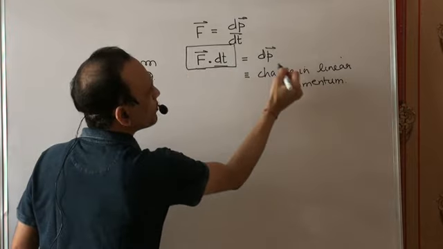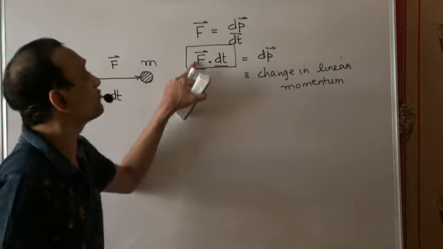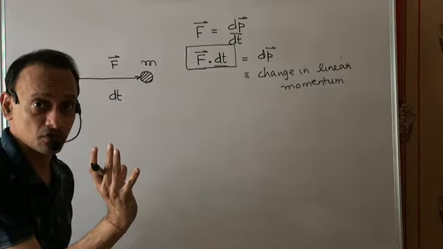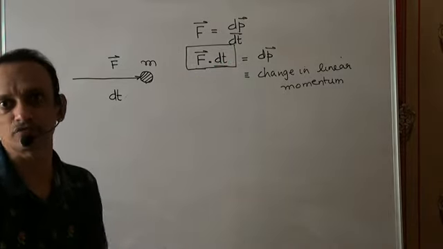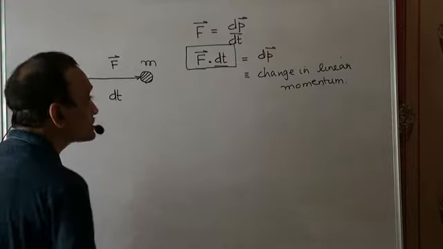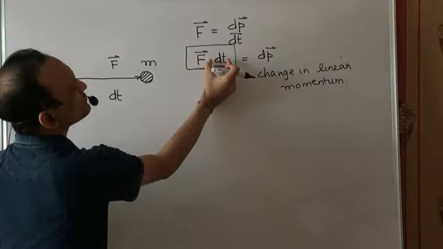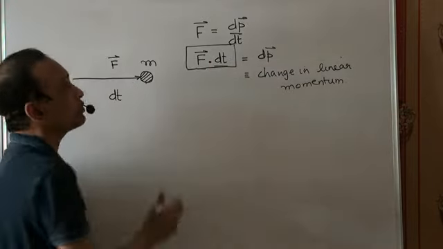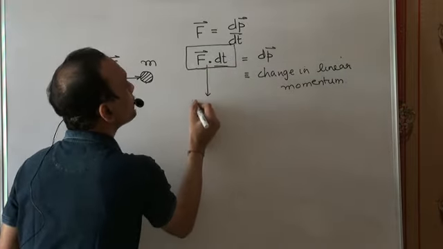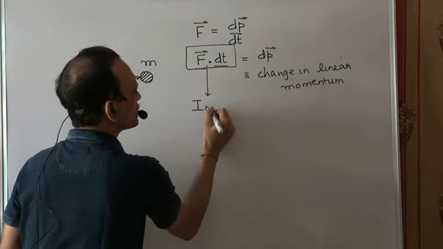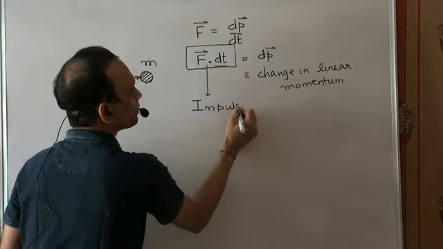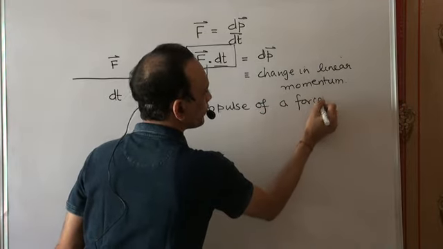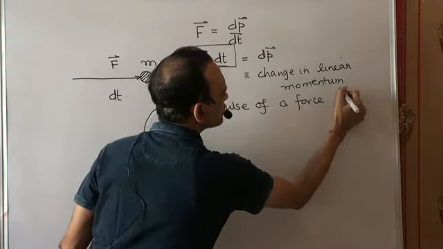This change in linear momentum is brought about because of force acting for a very short time. And this large force, relatively large compared to other forces in the surroundings, this impact of a very large force acting for a short time whose product gives me change of linear momentum is called the impulse of a force. This is the impulse of the force F.